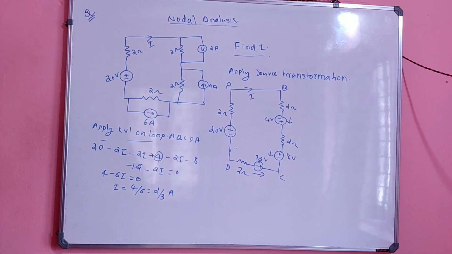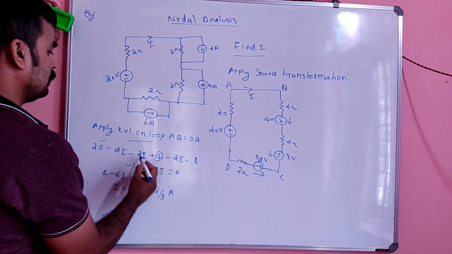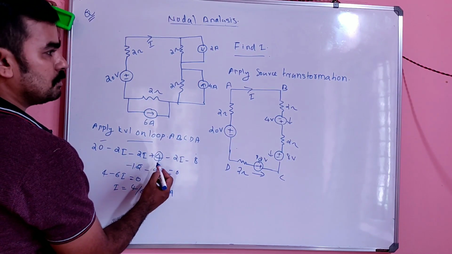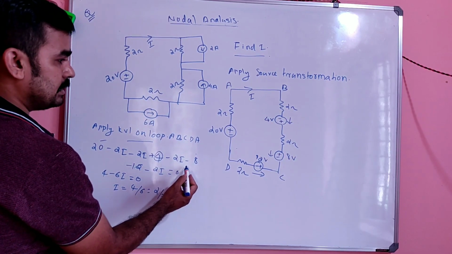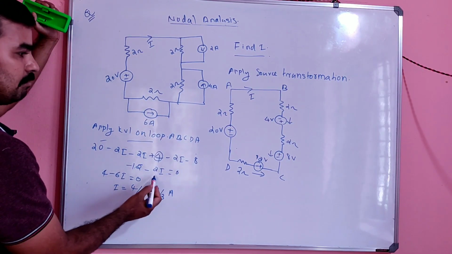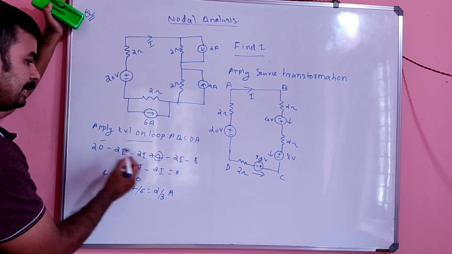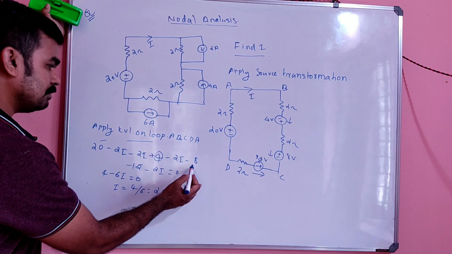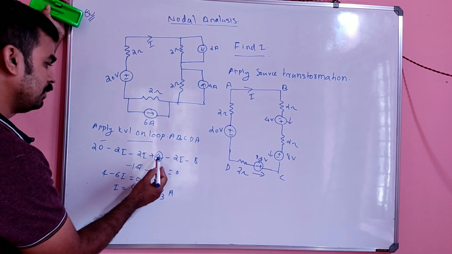Is it correct? 20 minus 2I minus 2I minus 4, sorry, plus 4 minus 2I minus 8 minus 12 minus 2I equal to 0. So 20 minus 8 minus 12, 12 and 12 got cancelled. So remaining only plus 4.